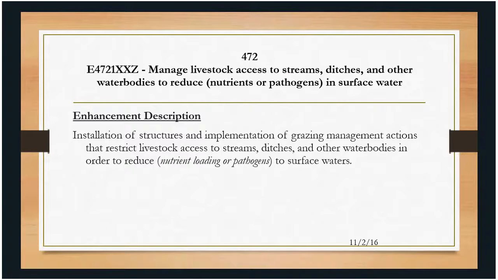The enhancement description is to install structures and implement grazing management actions that restrict livestock access to streams, ditches, and other water bodies in order to reduce nutrient loading or pathogens to surface waters.